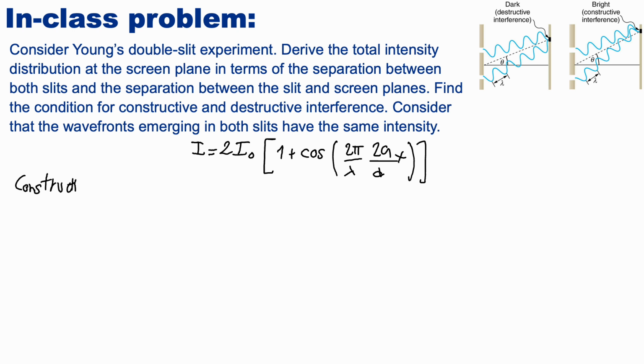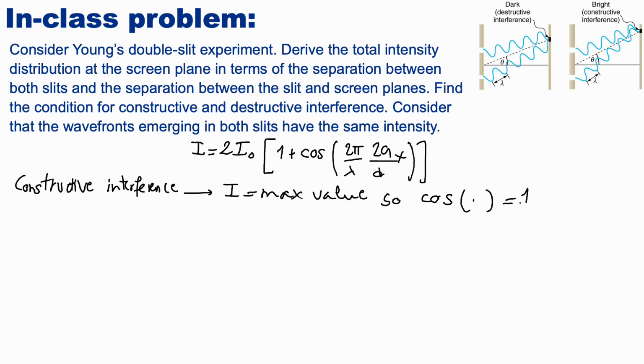and we need to define what is going to be our constructive interference. Every time we talk about constructive interference, it means that the resultant intensity is at its maximum value, and that only happens when the cosine is equal to 1, right?